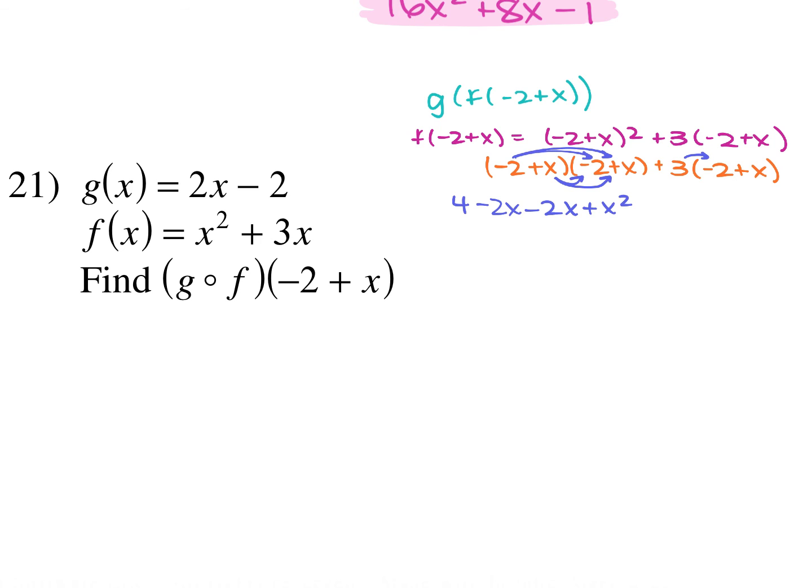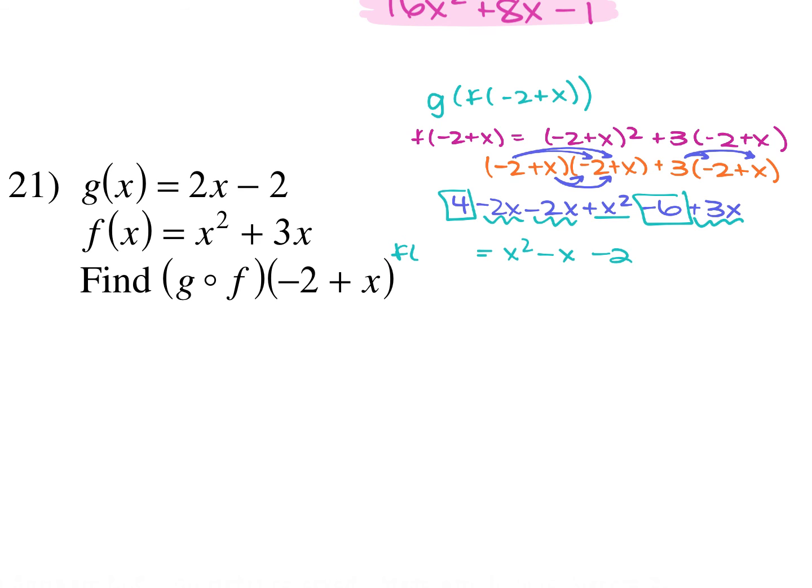Distribute the 3. The 3 times negative 2 is negative 6, and the 3 times x is 3x. From here, combine like terms. The x squared drops down. You have the negative 2x and negative 2x, which is negative 4x, and the positive 3x, which gives us just negative x. Then you have the 4 and the negative 6, which gives you negative 2.